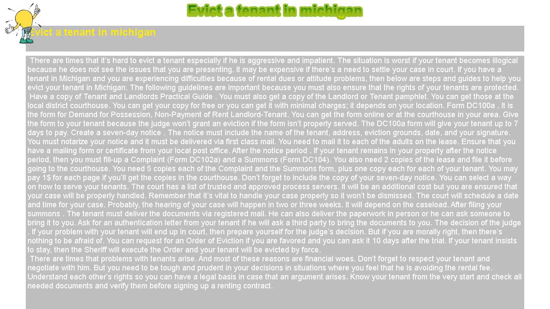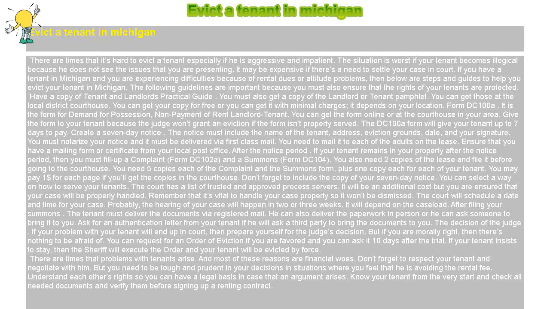You can request for an order of eviction if you are favored, and you can ask it 10 days after the trial. If your tenant insists to stay, then the sheriff will execute the order and your tenant will be evicted by force.